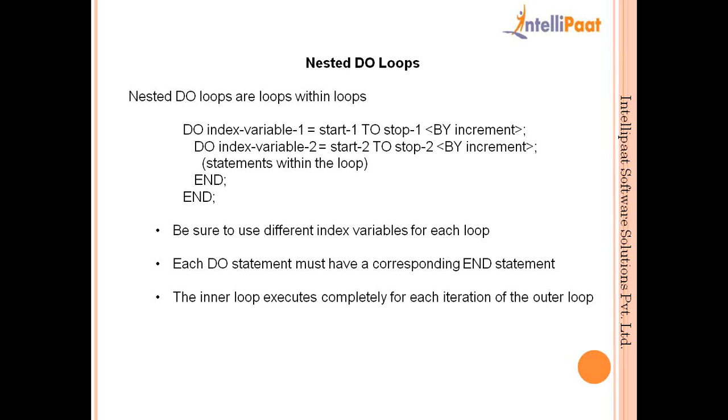The monthly loop will run 12 times, and similarly the yearly loop will run for the number of years for which you want the data. So be sure to use different index variables for each loop. Each do statement must have a corresponding end statement, and the inner loop executes completely for each iteration of the outer loop, right?